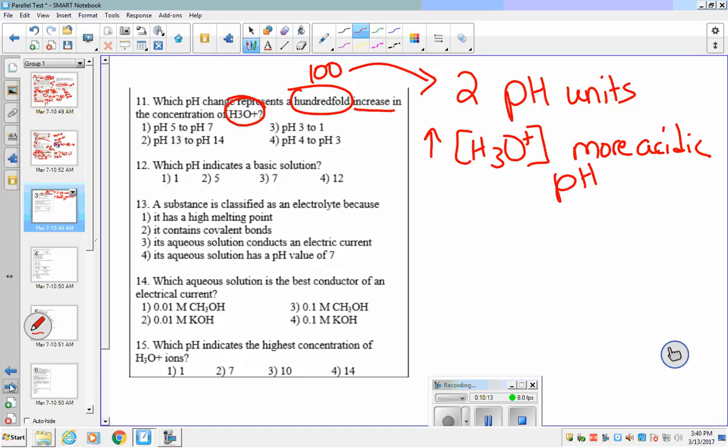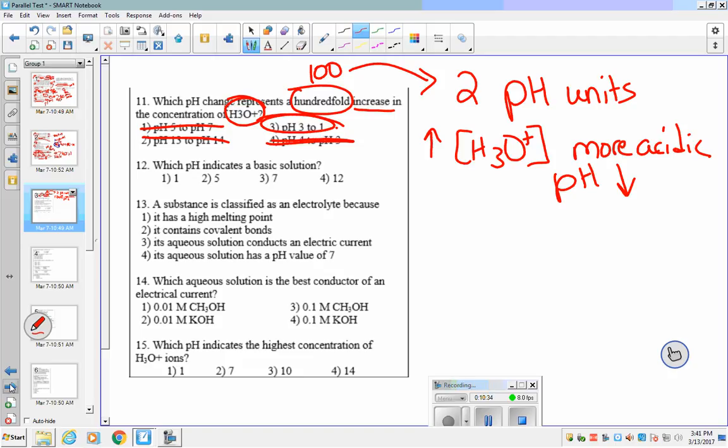Therefore, pH should go down. So we want to say, okay, we need a twofold change, and we should be going down 2 units. So 5 to 7 is twofold, but it's up. This is only one unit. 3 to 1 is going to be our answer. That's only changing by 1 unit.